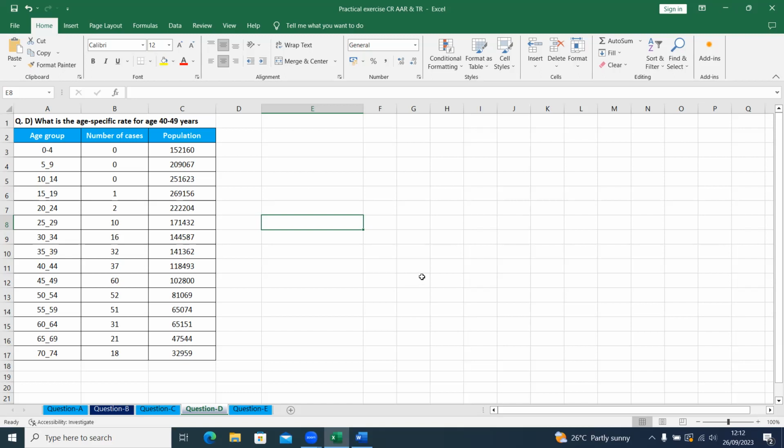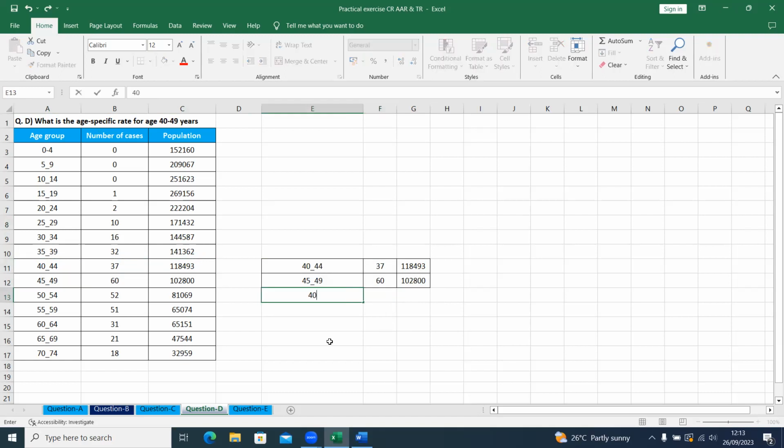Now I will do the calculation. To calculate the age specific rate for the age group 40 to 49, first I will add the number of cases in the age group 40 to 49. So, 37 plus 60, number of cases, 97.